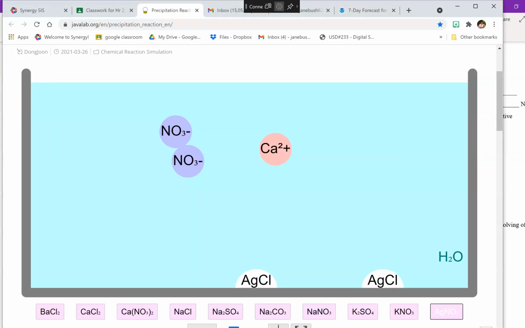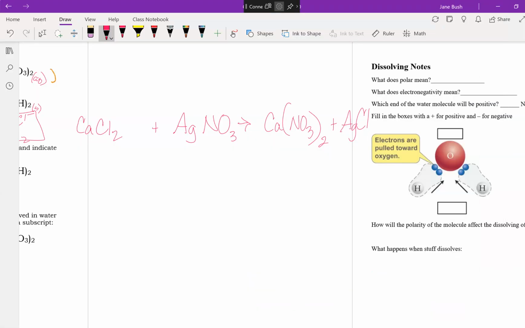What fell to the bottom? Do they have charges on them anymore? No. So these are now solid. They have settled out. The calcium and the nitrate are still floating around in there.